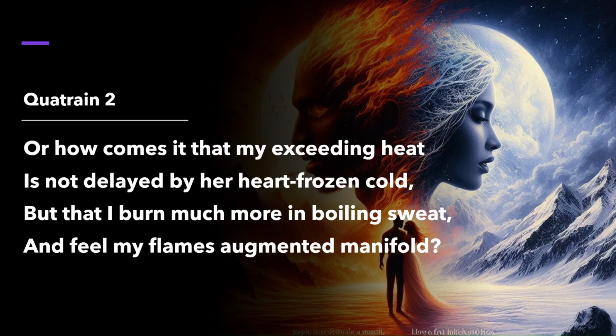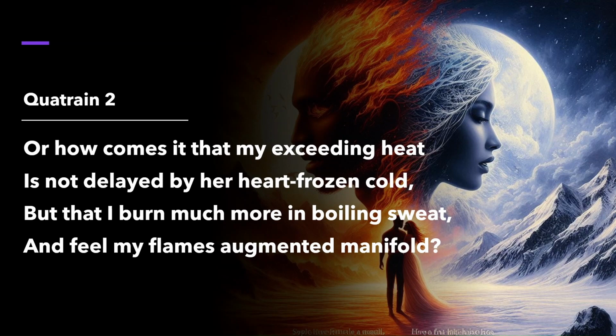Quatrain 2. Or how comes it that my exceeding heat is not delayed by her heart frozen cold, but that I burn much more in boiling sweat and feel my flames augmented manifold. It says, first quatrain, why isn't she melting?